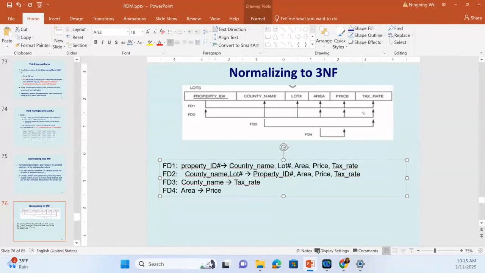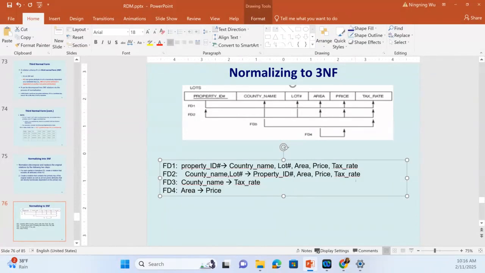Then the remaining attributes pointed by the arrows should be put on the right side of the functional dependency, because they are the dependents. FD3 is the same thing. County name is pointed by the bar, so we put it on the left, and tax rate on the right. And for the last one, we put area, pointed by the bar, on the left, and price on the right.